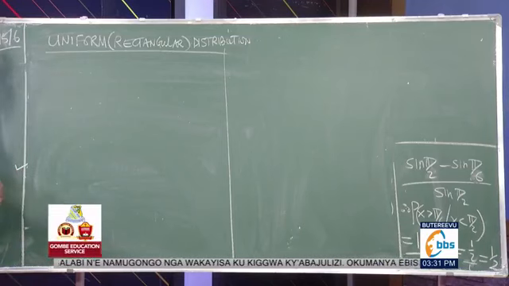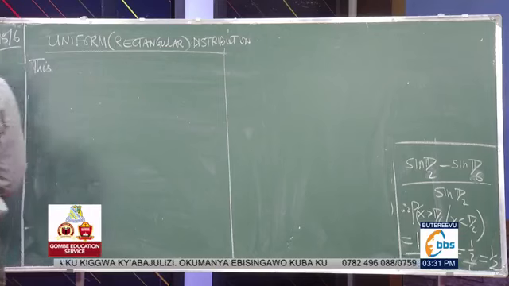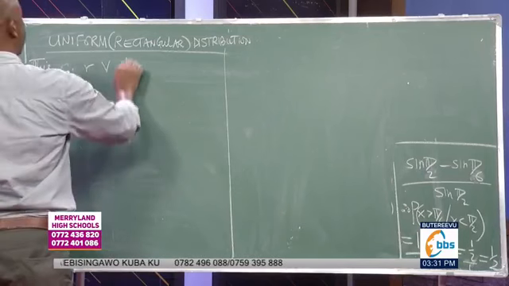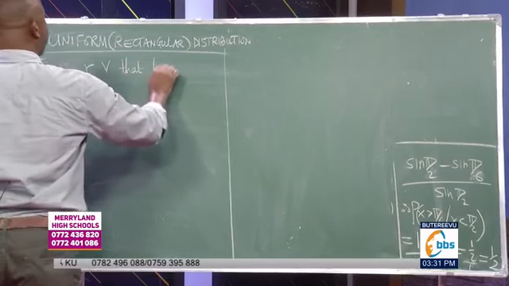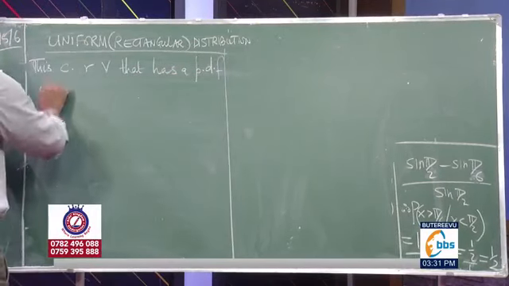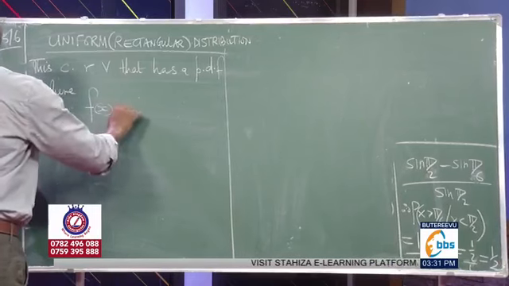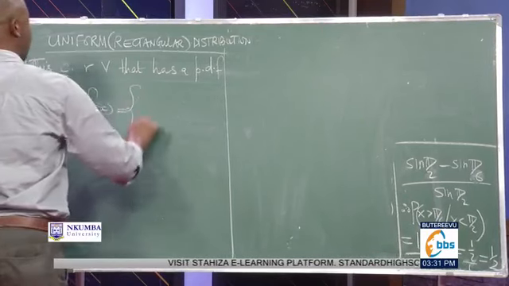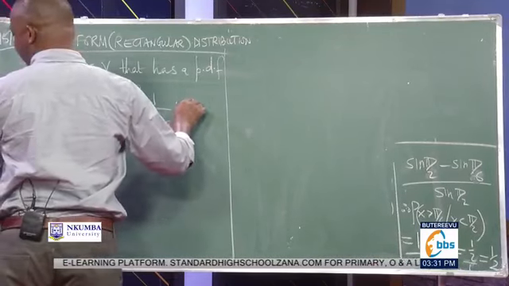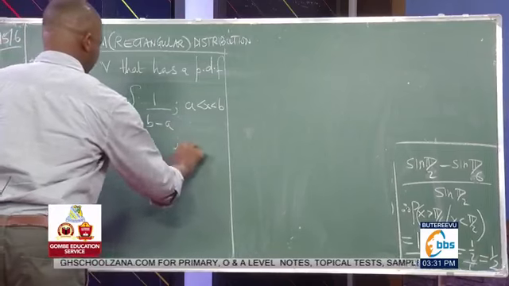Probably this is the simplest part of this area. We are saying that this is a continuous random variable that has a probability density function, where we define that function f of x as 1 over b minus a for a less than x less than b and 0 elsewhere.